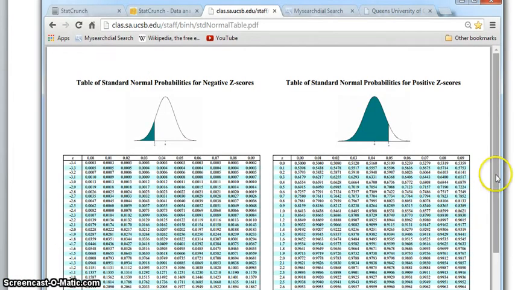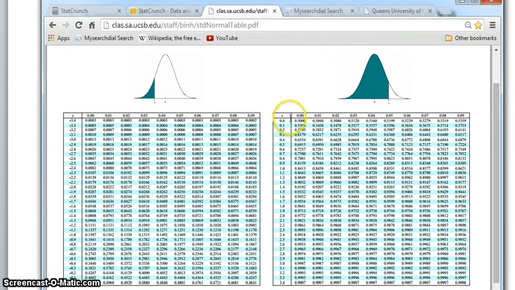So right here, 2.99. The probability that z is less than 2.99 is 0.9990.